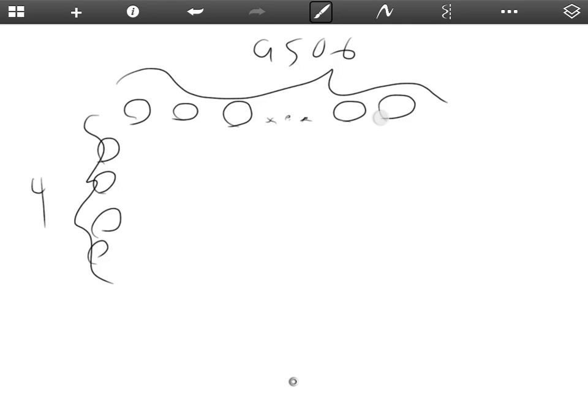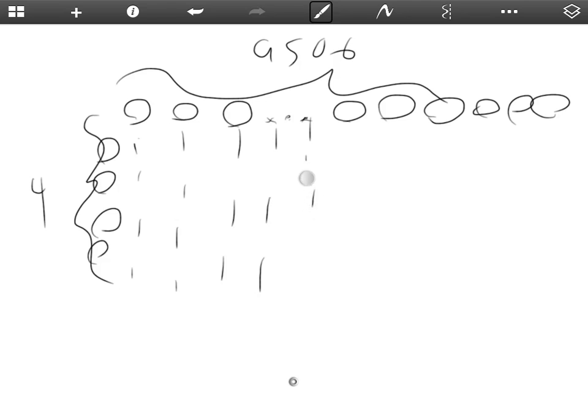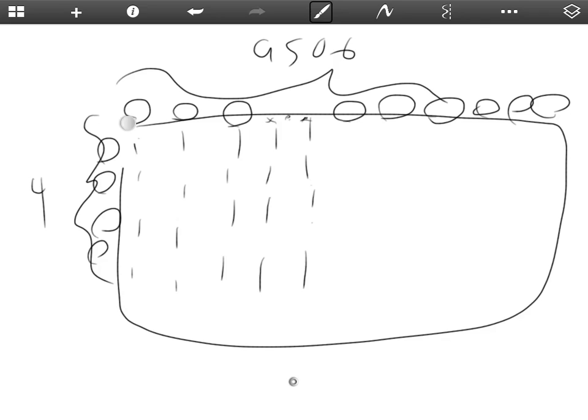You've got all these to account for. There's 4 for every one, and 4 times 9,506 will give you this total in here, and this is all this giant box here. That's actually what we want to count.